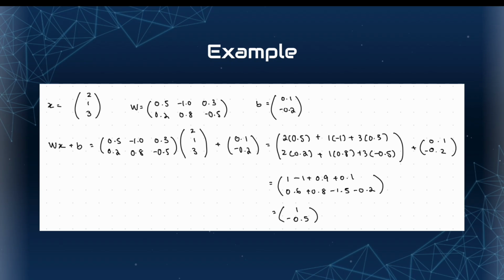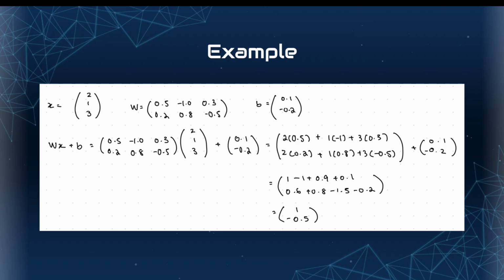So for the first dimension, we get 2 times 0.5 plus 1 times -1 plus 3 times 0.3 plus 0.1 from the bias vector, which gives you 1. For the second dimension, you get 2 times 0.2 plus 1 times 0.8 plus 3 times -0.5 plus -0.2 from the bias vector, which gives an output vector z that equals 1, -0.5.